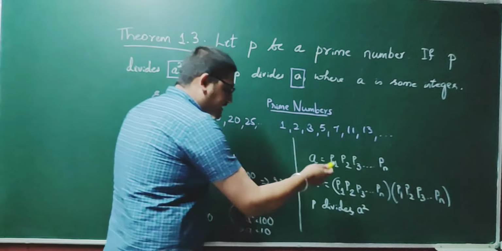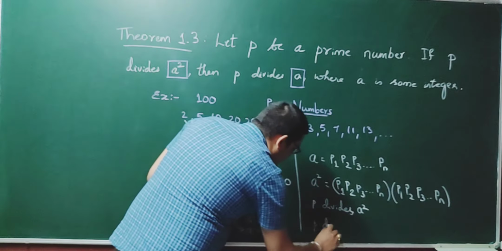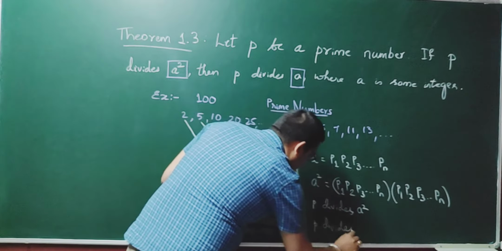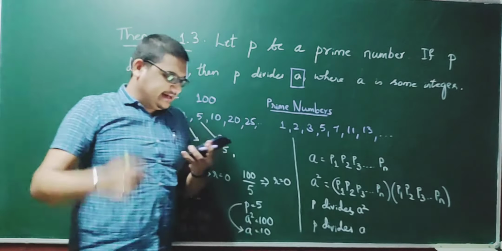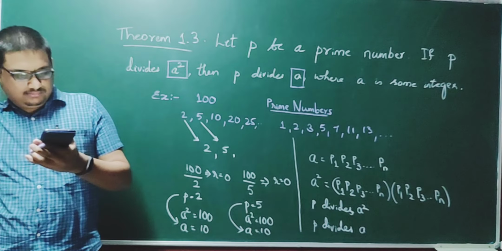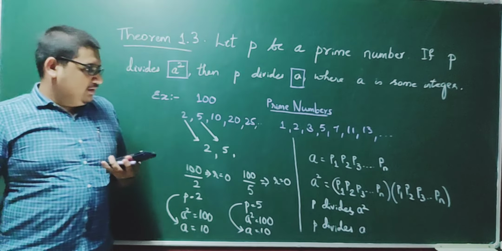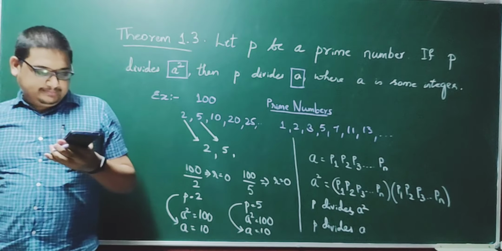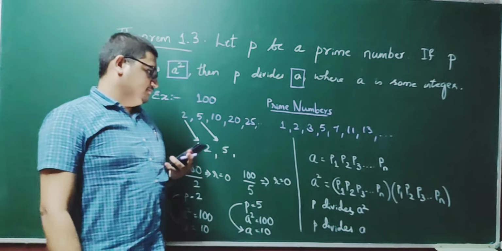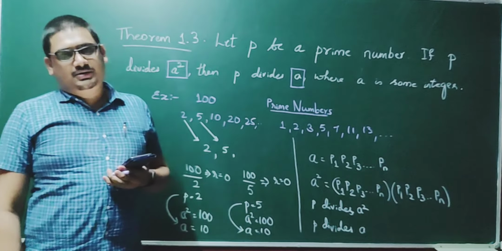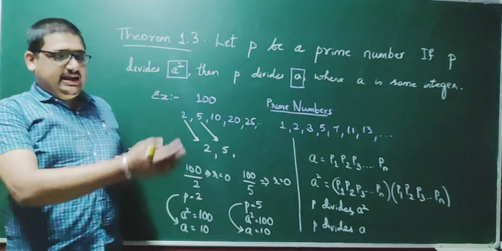So if P divides A square, I can conclude that P divides A, correct? Understood? Fine. So this is by deduction.